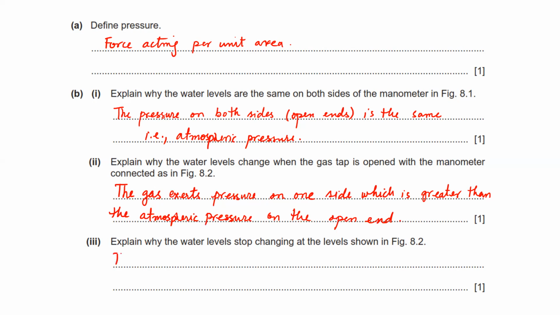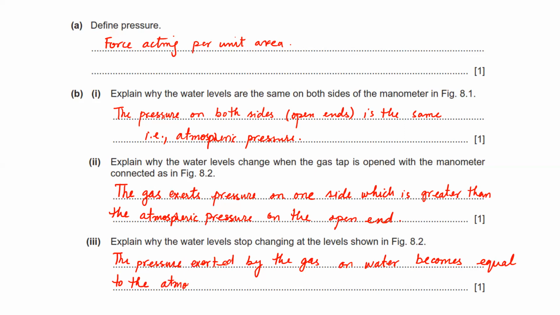So the pressure exerted by the gas on water becomes equal to the atmospheric pressure plus the pressure exerted by the column of water.